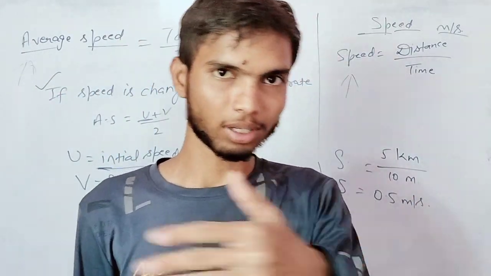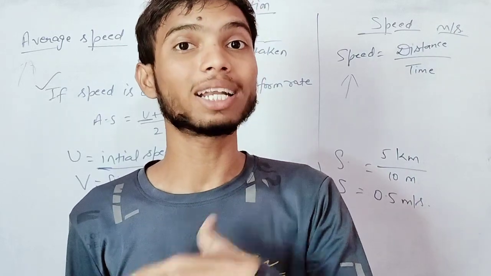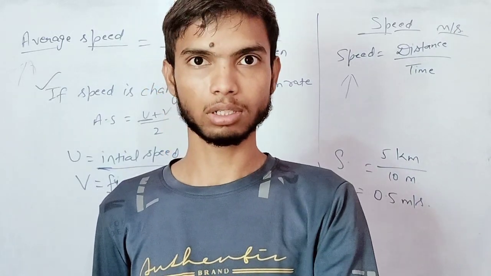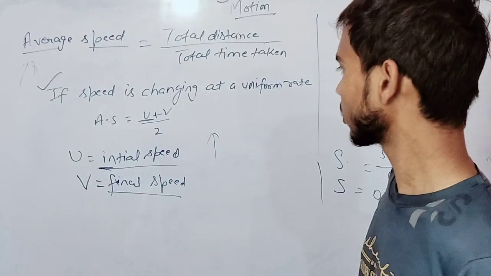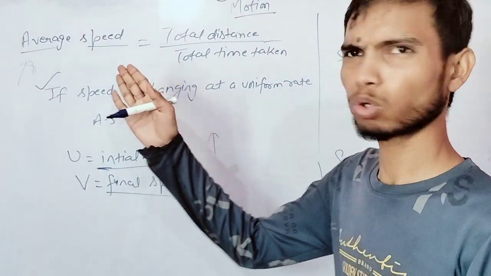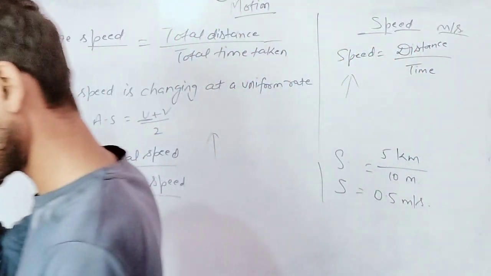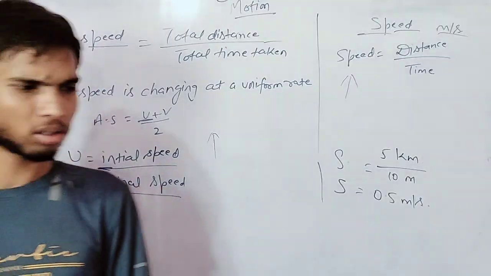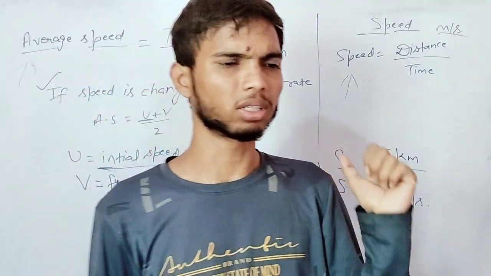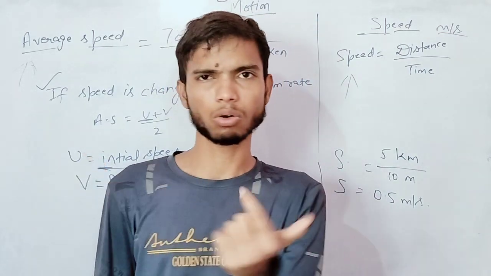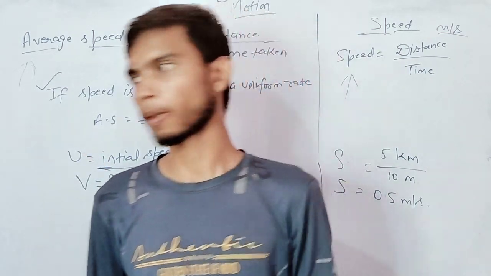And you take a lot of turns. That's why I think average speed should be a vector, but we will understand whether it is a vector or not; I will tell you later.